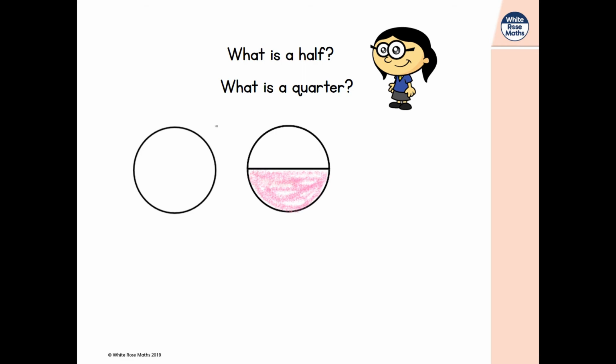Anything else? Oh, what is a quarter? What could we do to the circle to show 4 equal pieces? And how would we show a quarter? Oh, yes, we could draw another line and we could color in one of the 4 equal pieces. This is a quarter.